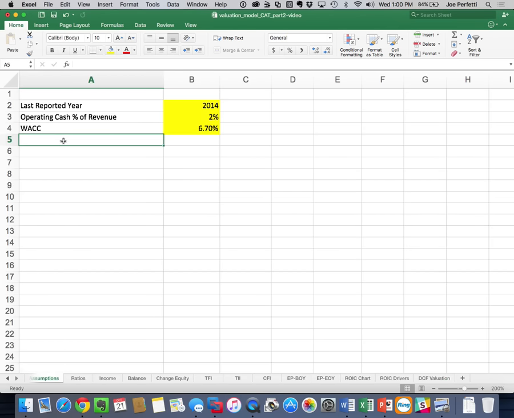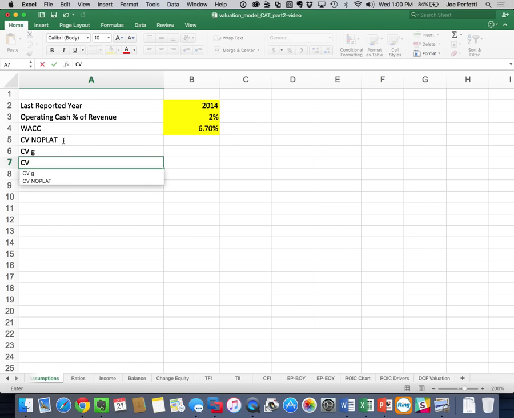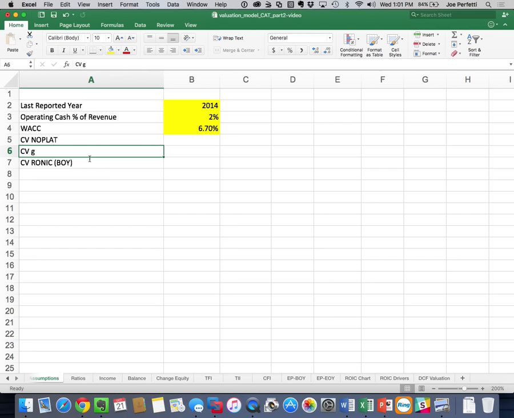Okay, so I need 4 assumptions. I need the continuing value NOPLAT. I need my continuing value G, and then I need my continuing value RONIC. Right? And that RONIC, that continuing value ROIC, is based on the BOY method of calculating it. That's what we're going to use when we do the valuation models.